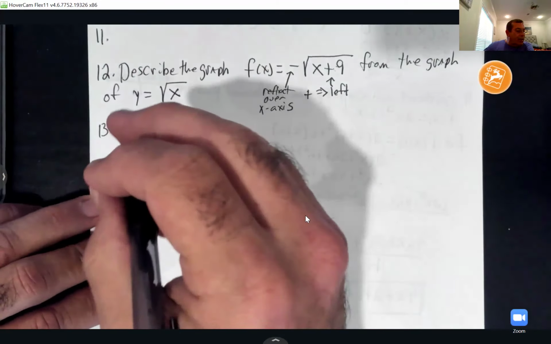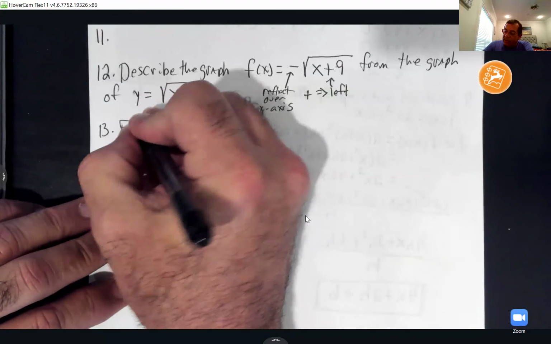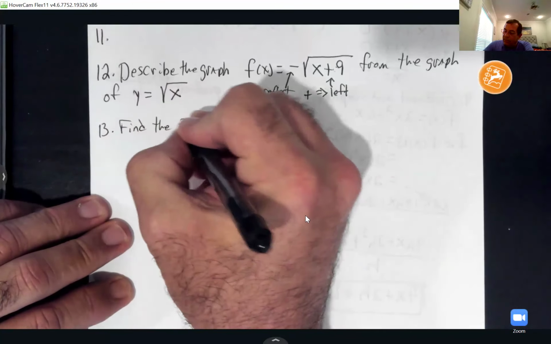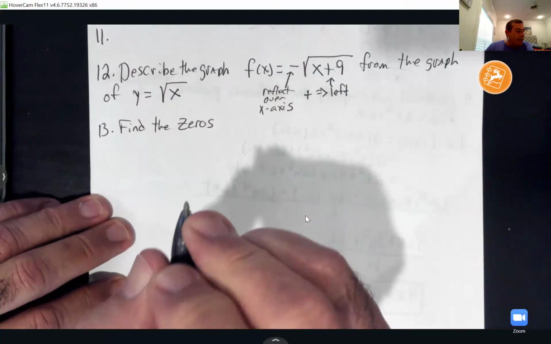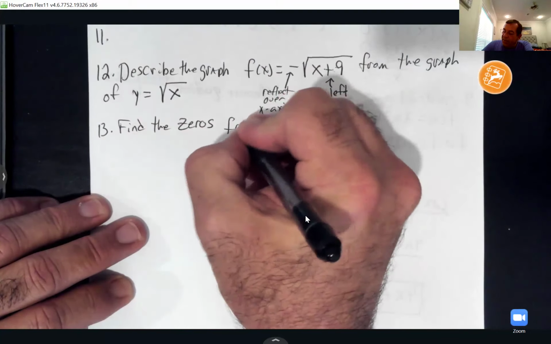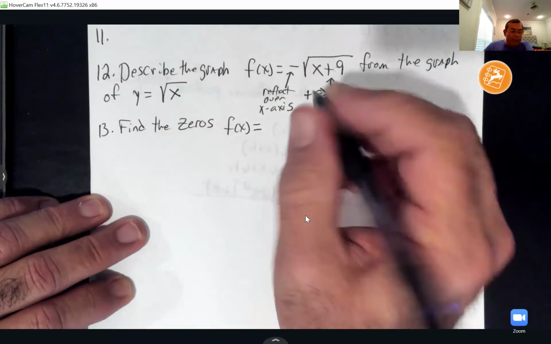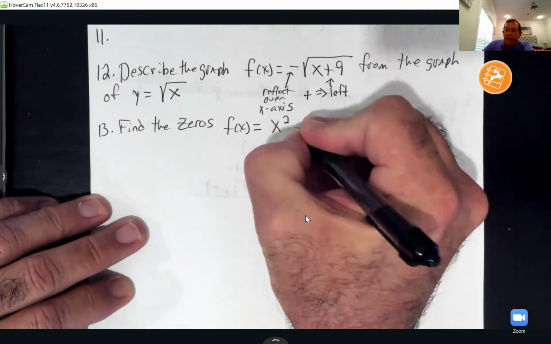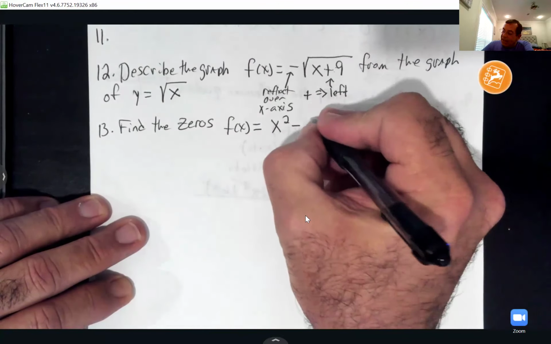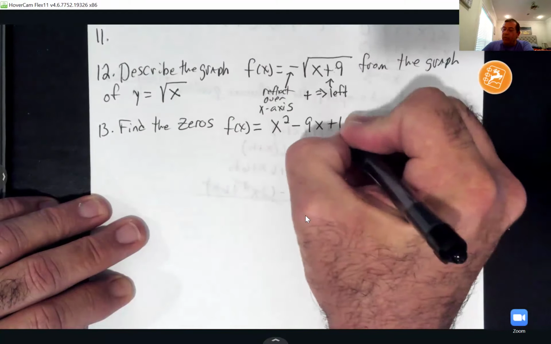All right, y'all, 13. Find the zeros. They're giving us f of x equals x squared minus 9x plus 1.